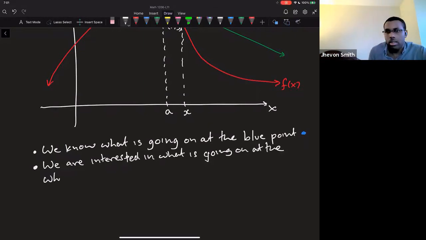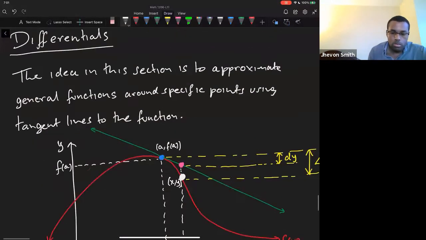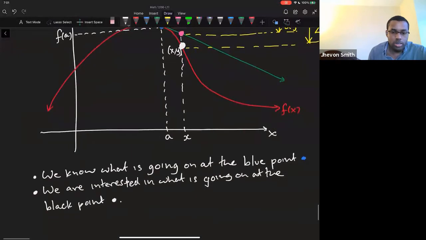Well, I think in the notes the colors are inverted, I think it's going to be black. Maybe I should just use a different color.